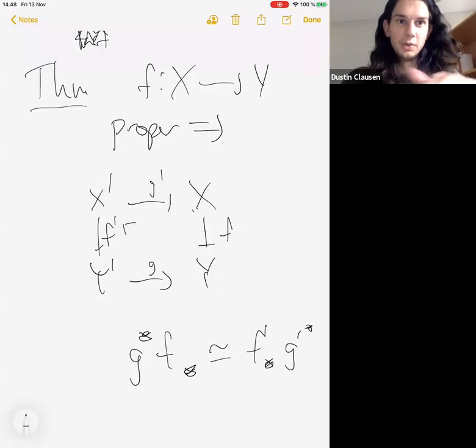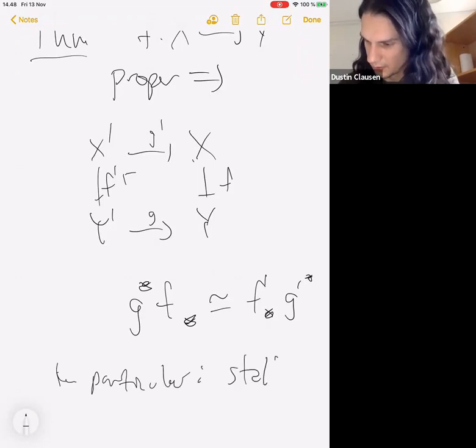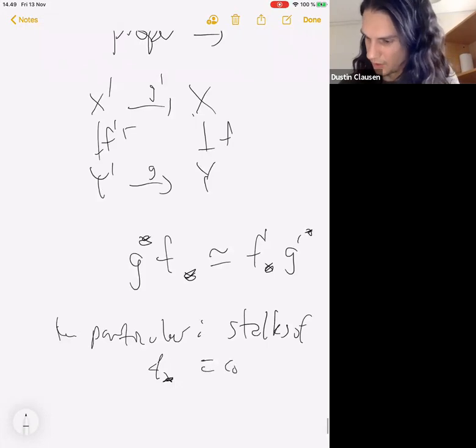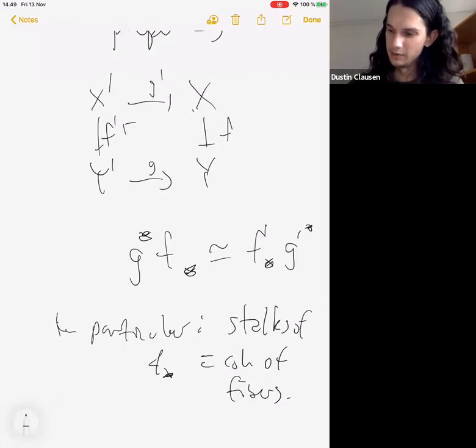So cohomology commutes with pullback, and that's the only setting where the lower star commutes with pullback. In particular, stalks of F lower star are the same thing as cohomology of the fibers. So in this setting, this is kind of what it really means for F lower star to be an in families analog of cohomology, and this just fails when the map is not proper.